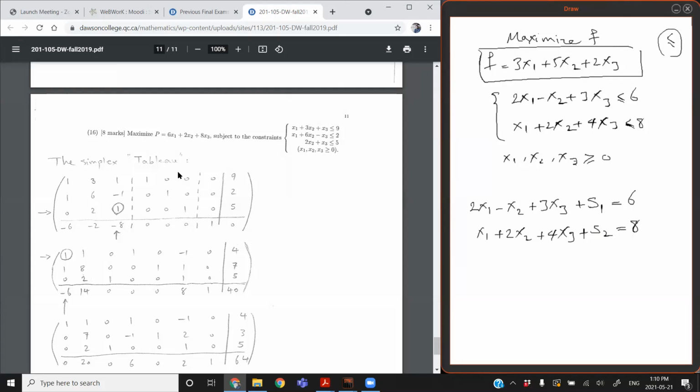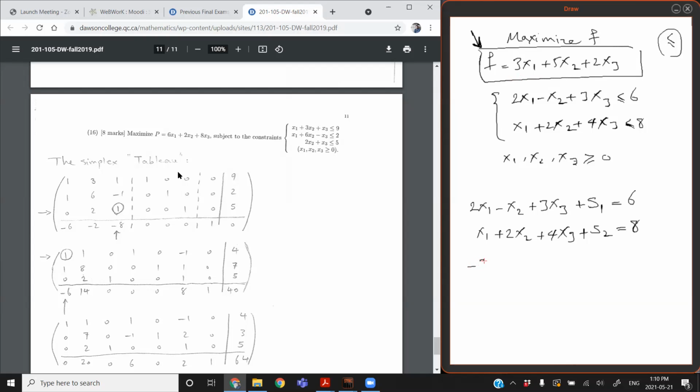Now, what do we do with the objective function? So again, this is called the objective function. This is what you're trying to maximize. Sometimes we use F, sometimes we use P, doesn't matter. F is what we're trying to maximize, find the maximum possible value for. So what do we do with that one? We bring all these terms on the right to the left. And what do we get?